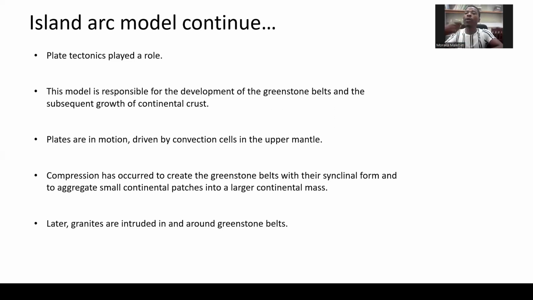It's like now they were floating. Now, as they were floating, it means they will be there for as long as it takes until they collide, giving us what we call the microcontinent.